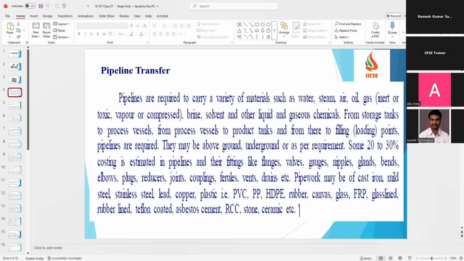These are the different varieties of materials we use for manufacturing pipes, and the same pipes we use for different types of application. Each type of pipe is used for its specific or suitable usage.